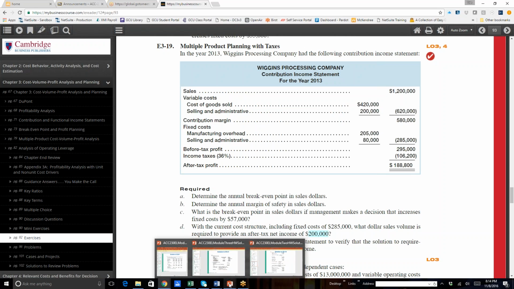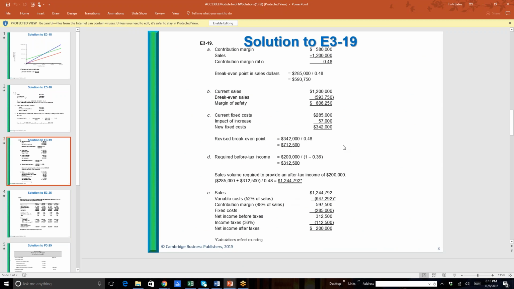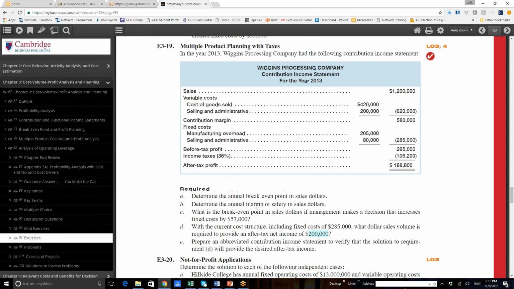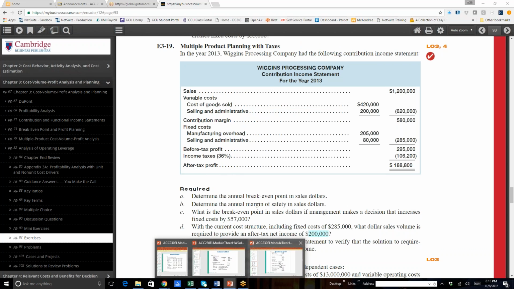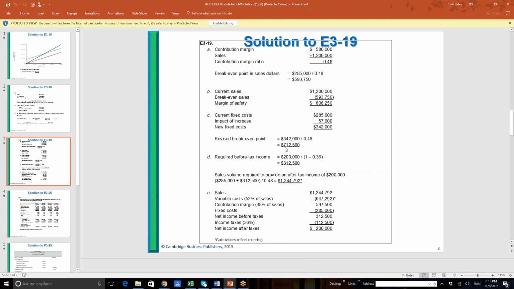So this 200,000, right? Here it's saying this is what we want the required before tax income to be, which is 200,000. That was given in the problem. So we're dividing that out to get what we want the before tax income to be. I'm sorry, this is the after-tax net income, so the 200,000 is the after-tax.